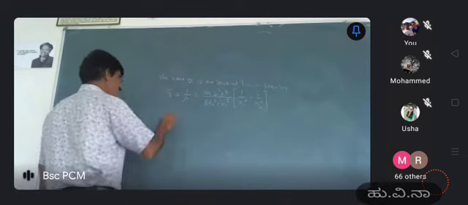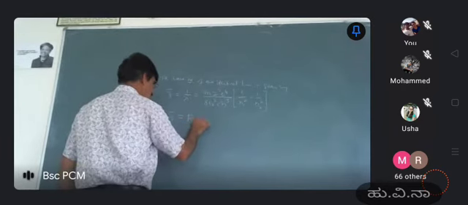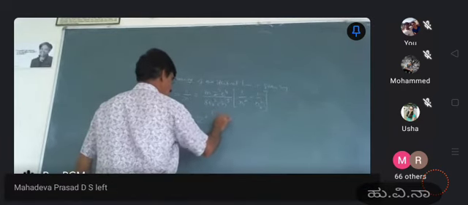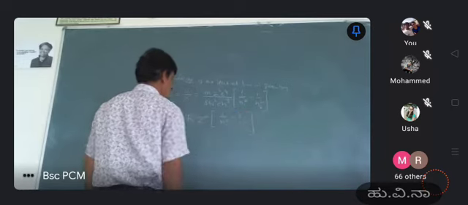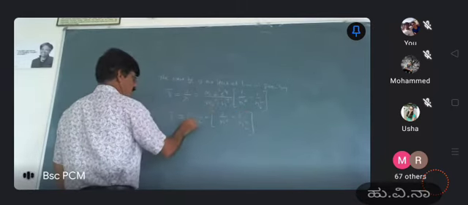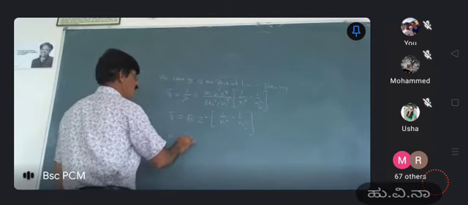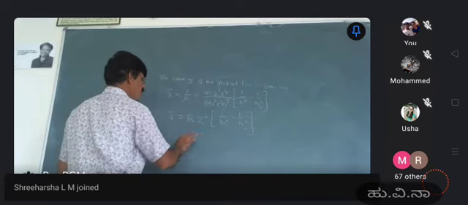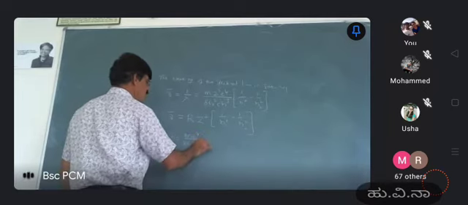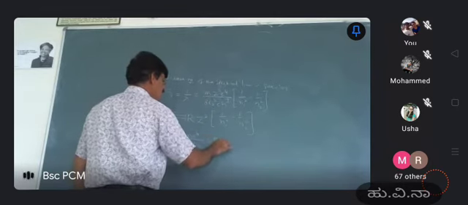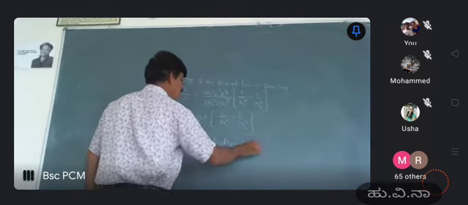So now nu bar is equal to capital R z square into 1 by n1 square minus 1 by n2 square. So this z square is there. Here capital R is equal to m e to the power 4 divided by 8 epsilon naught square c h cube, which is called the Rydberg constant.